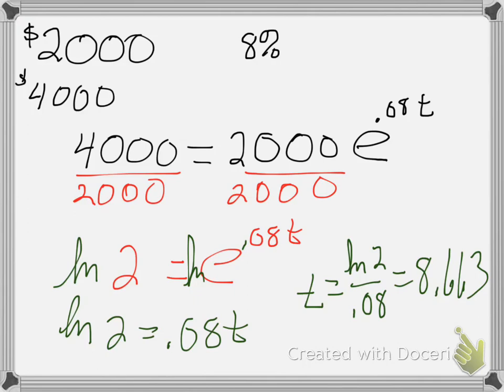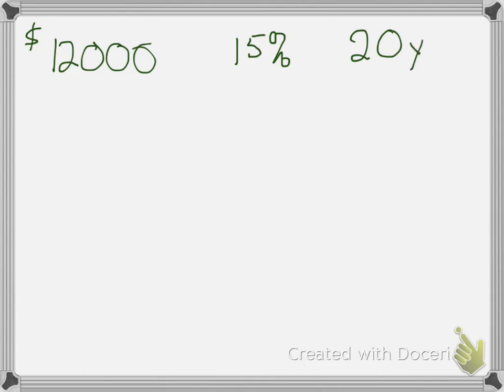Okay. Let's do one more of these. Let's say that you've got $12,000 to invest. And you can get a 15% interest rate, but you've got to leave it invested for 20 years. And this is compounded continuously. How much money would you have after the 20 years?